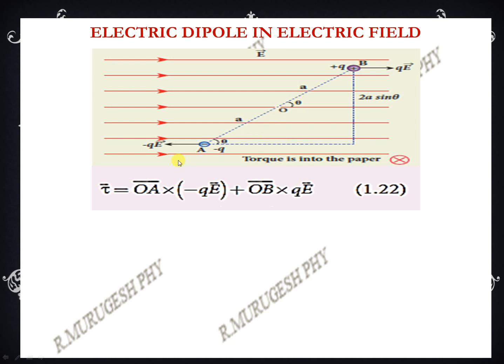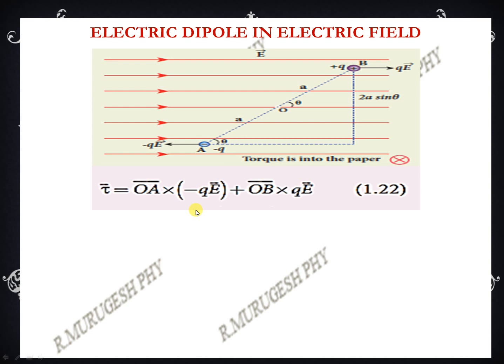So here, if you consider the force acting on the minus q charge, then the distance from the axis of rotation is OA vector, and this force is minus QE vector. Now this cross product is OA vector cross minus QE vector.